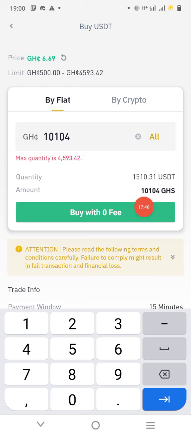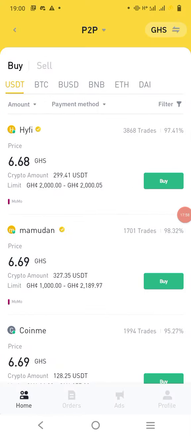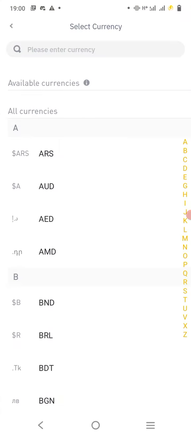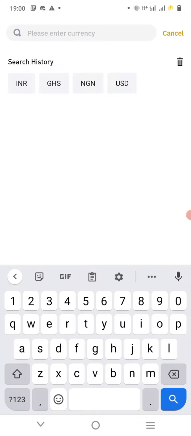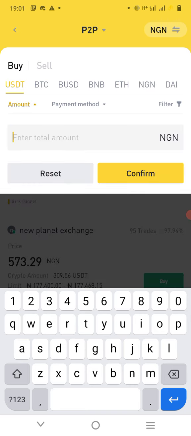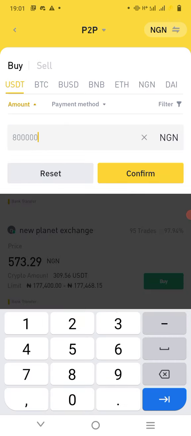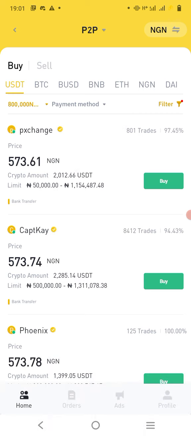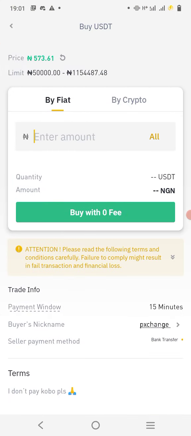Now you're going to have 1510.31. So let's go over and sell 1510.31. Let's get back to Nigeria. Remember, it's sell by 800,000 again. So this is it.